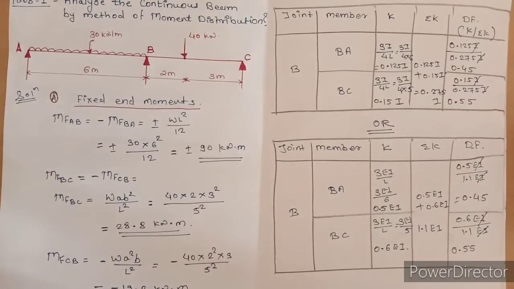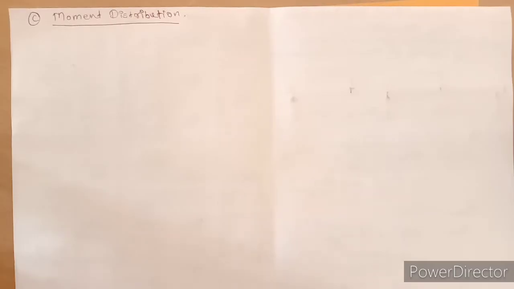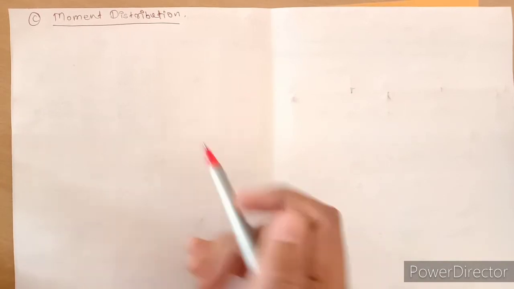Then next, the third step is to find the end moments from the moment distribution table. The table first has the joints.